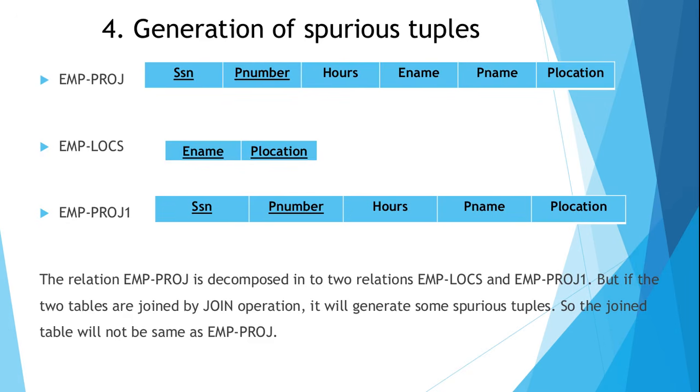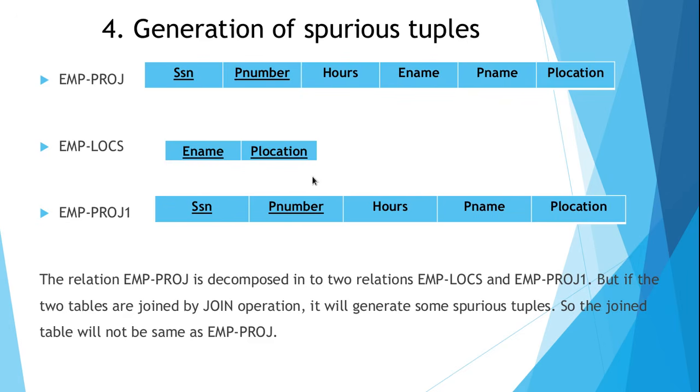So if these joining attributes are not primary key, super key combinations, then spurious tuples will occur. That is, if you perform a join operation, in the joining condition we have to specify the primary key of one table equal to the foreign key of another table. You have to consider the primary key and foreign key of the two relations in the joining condition. Otherwise, definitely spurious tuples will occur. Spurious tuples means meaningless or unwanted tuples.